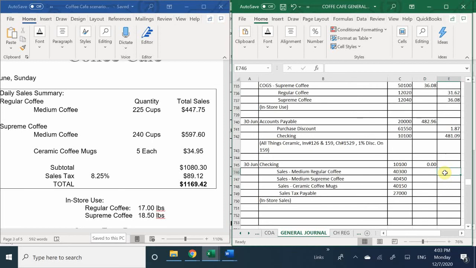All right, so for our checking, our total is going to be $1,169.42. And then for our medium coffee, the regular is $447.75.